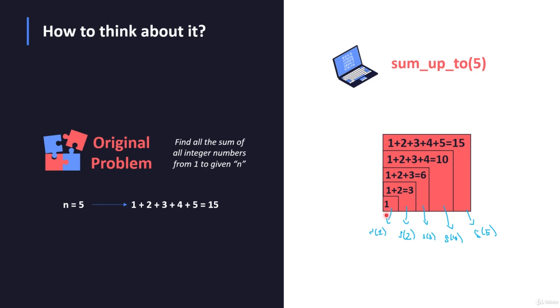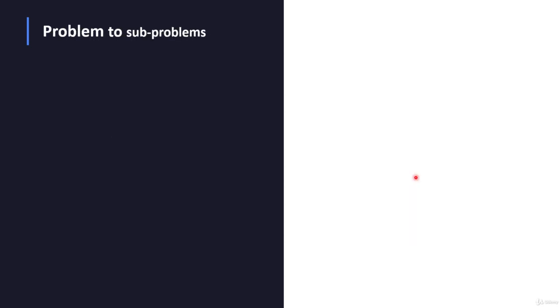And then we used this result to find the sum up to 2, which simply was take the sum up to 1 and add 2. And then we found out the sum up to 3, which simply relied on the fact that we have to take the sum up to 2, which is this fraction, and add 3 to it. So simply dividing the main problem of sum up to 5 into some smaller sub-problems. That's how we did it.